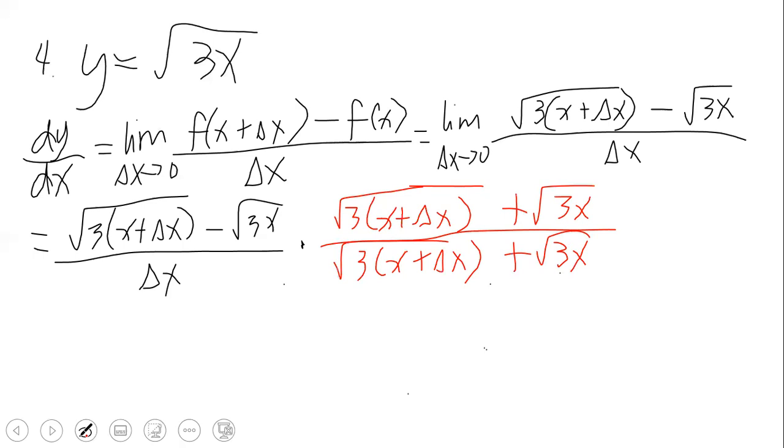So, the result, ang result niya is magiging ganito. So, you have 3 times the quantity x plus delta x minus 3x.